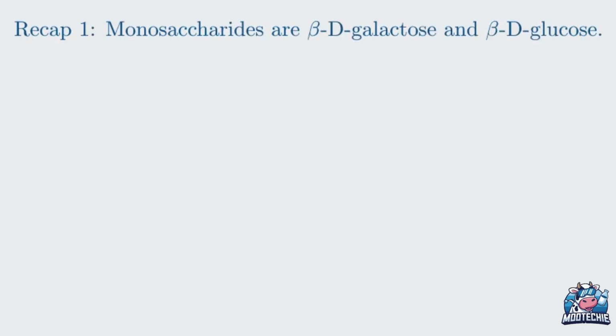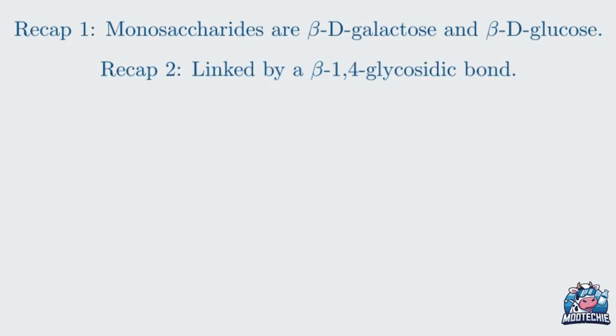Let's quickly recap what we've learned today. We started by identifying the two monosaccharide units of lactose, beta-D-galactose and beta-D-glucose. Remember, galactose is a C4 epimer of glucose, meaning they differ in the configuration at carbon 4. Then, we examined the bond linking these two units, which is a beta-1,4-glycosidic bond.